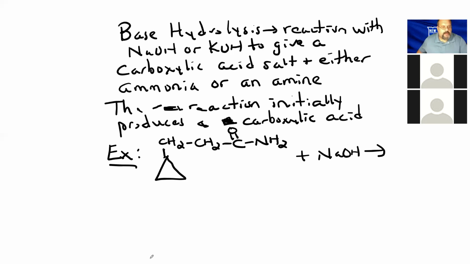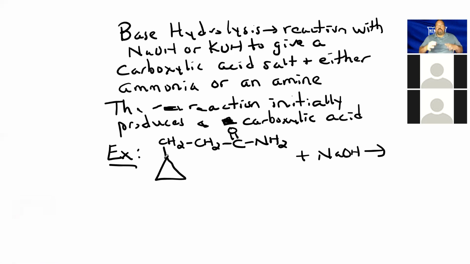Okay, so we have a ring. And attached to the top ring carbon, we have a bond to CH2, CH2, C double bond O, NH2. And here we're going to be using sodium hydroxide.